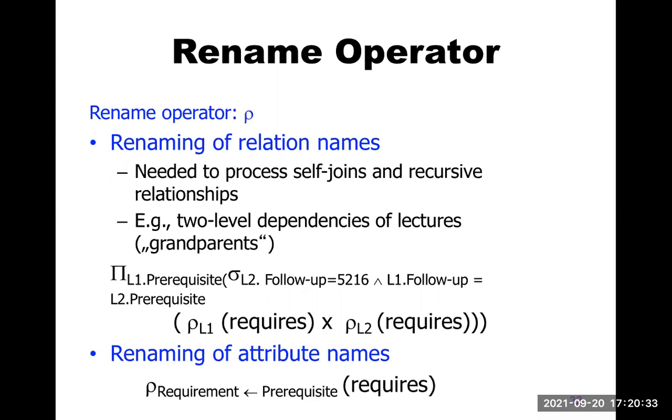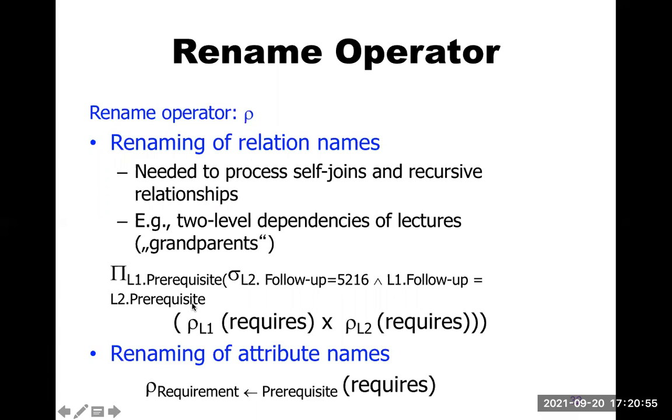How to differentiate them? So rename allows us to rename the first instance of requires into, let's say, L1, and the second instance of requires into L2, and then use these names for these instances and say I need to check that L2 follow up is equal to this and L1 follow up equal to L2 prerequisite.